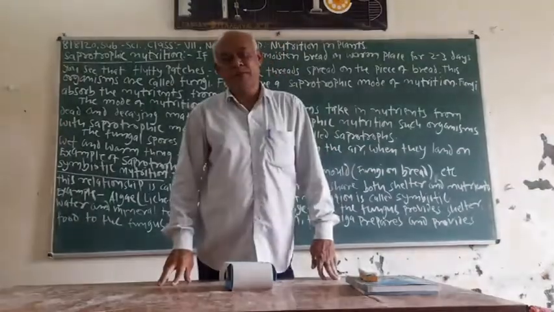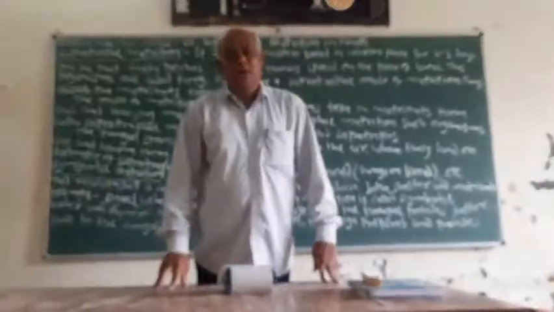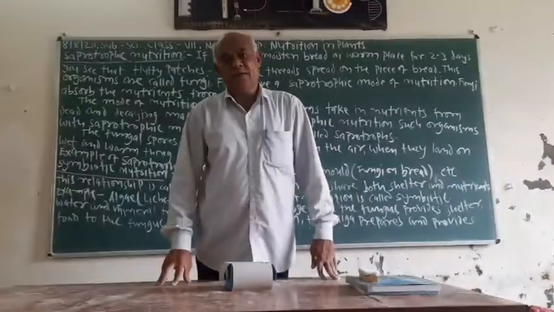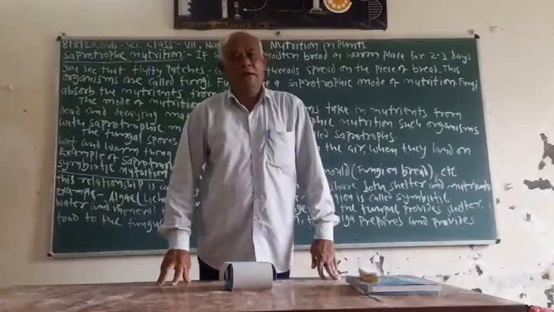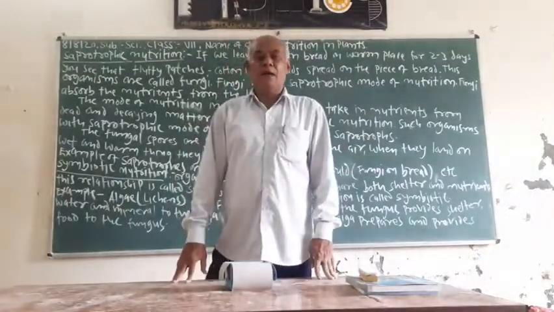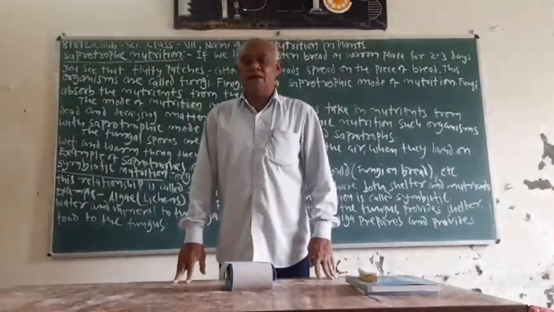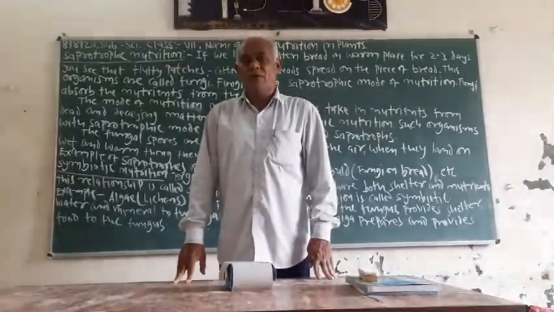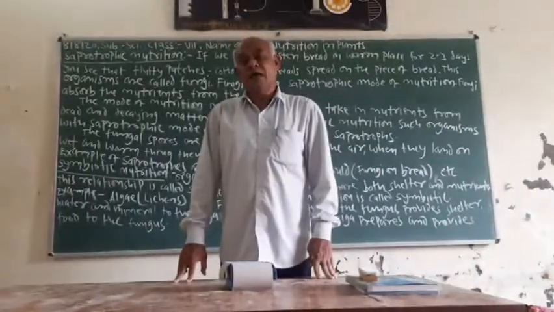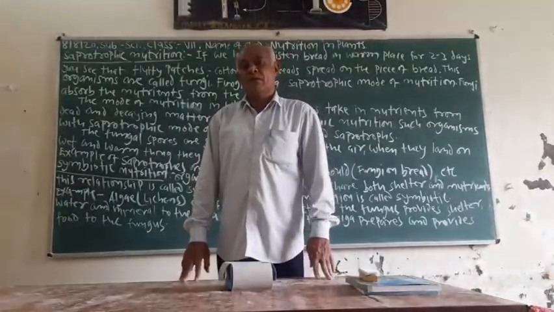The first one is parasite. We already discussed the parasitic mode of nutrition, and Kaskuta, or amoeba, is an example of a parasite which takes ready-made food from the host on which it lives.